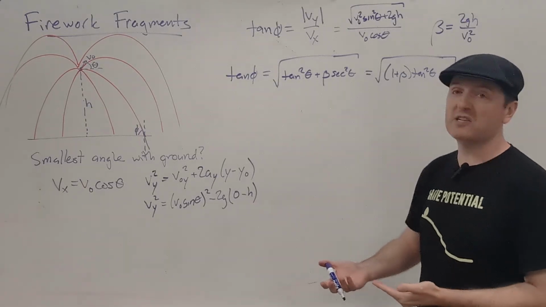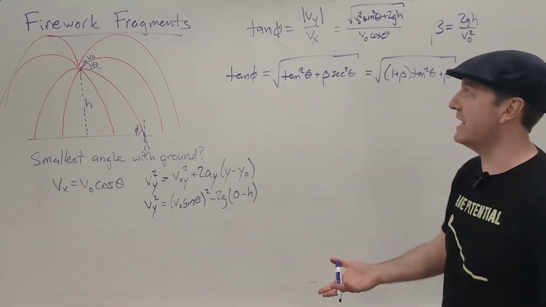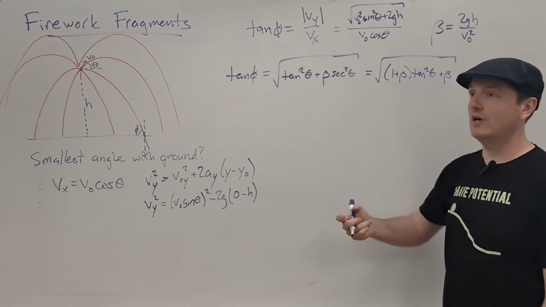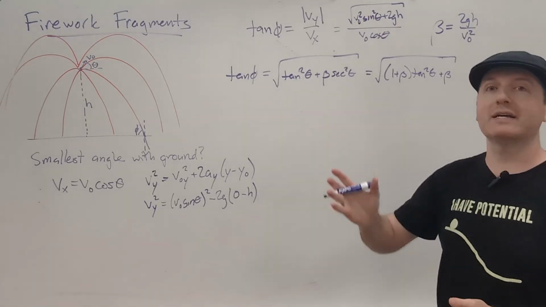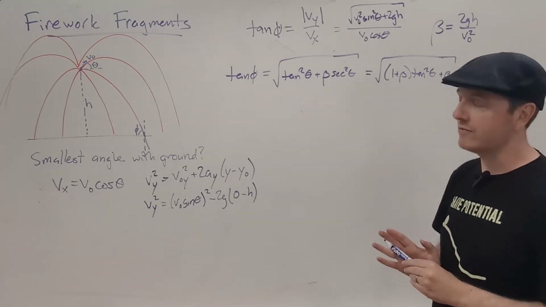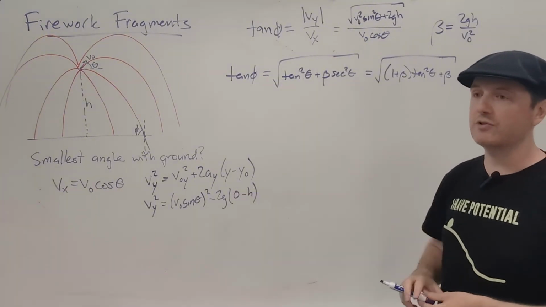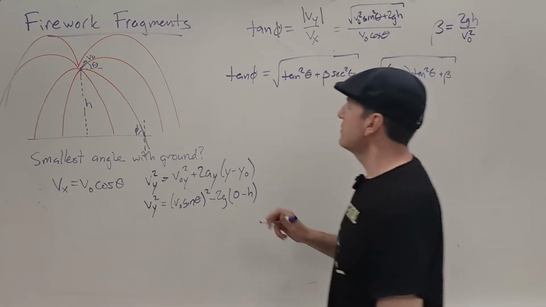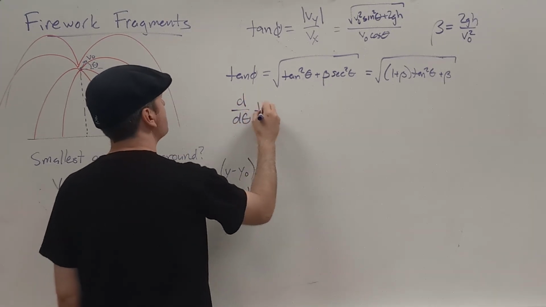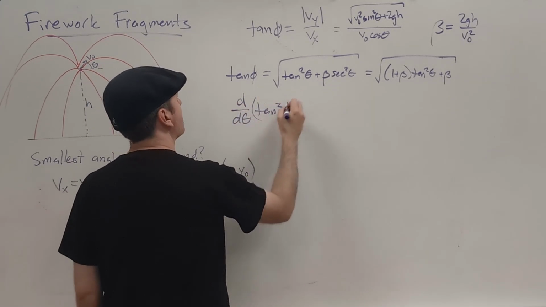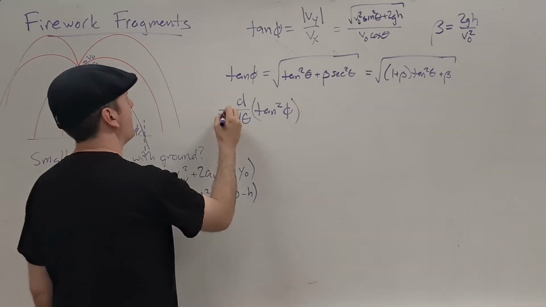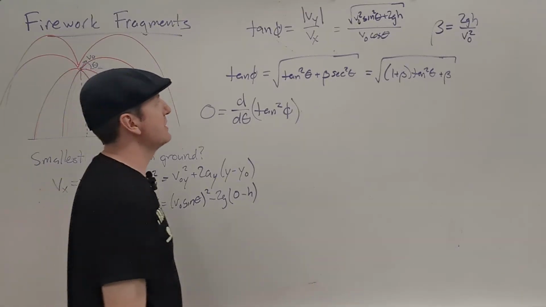And we might as well maximize the square of tan phi, because that'll get rid of the square root, and squaring tangent will also make it increasing in the region that we're interested in, which is from 0 up to pi over 2. So I'm actually going to maximize the quantity tan squared with respect to theta. And I'm going to maximize it by setting this derivative equal to 0.